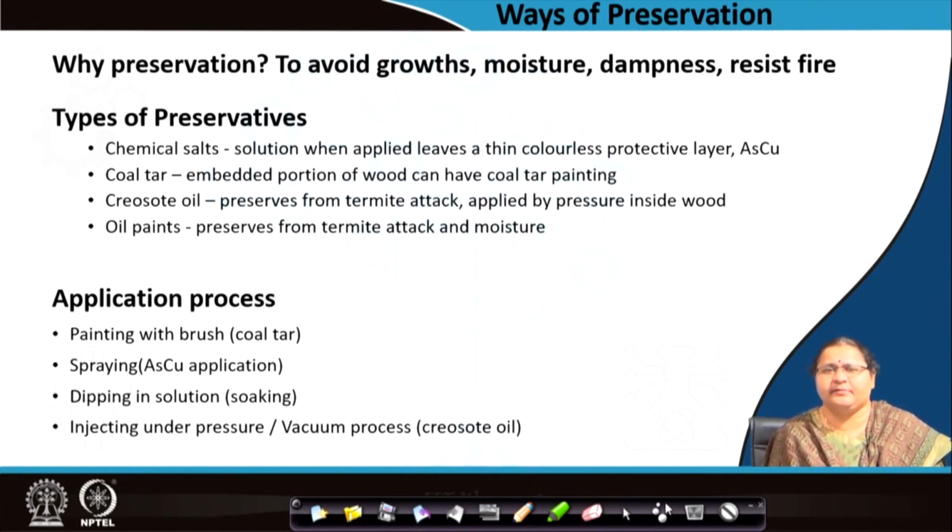So, there may be some non-covered areas which you do not experience when you are dipping entirely in the solution. And injecting, what I told you, like pressure difference, applying with pressure through a vacuum process, you can inject the oils into the timber so as to avoid any internal defects, internal rots.